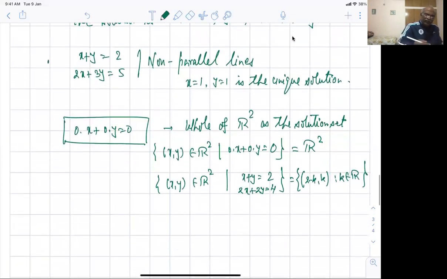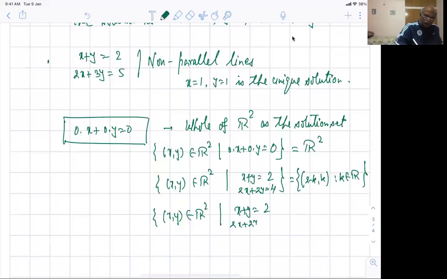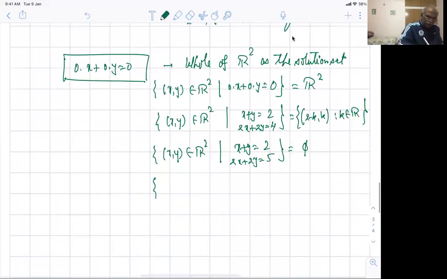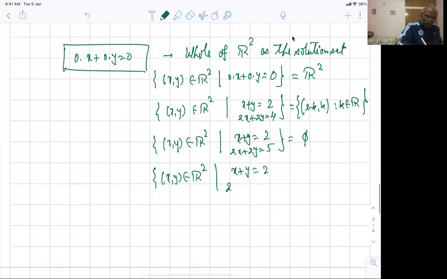Fine. And in another case, we had xy belonging to R2 so that x plus y is 2 and 2x plus 2y was 5. This set was the empty set. And then, again, xy belonging to R2 so that x plus y is 2 and 2x plus 3y is equal to 5.